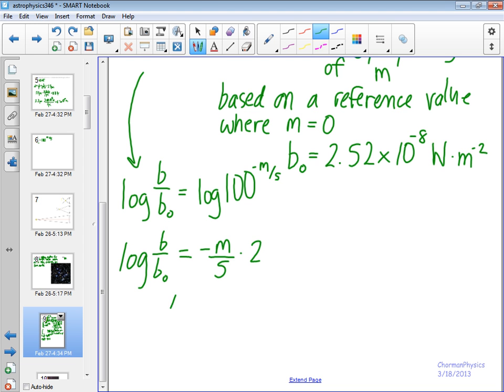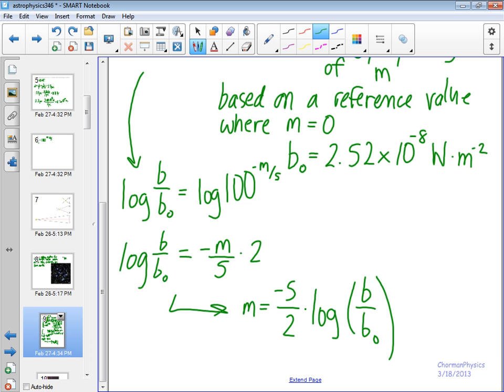If we rearrange this equation, we get m, the apparent magnitude that we can calculate based on the brightness that we measure, equal to negative 5/2 times log of B over B naught.